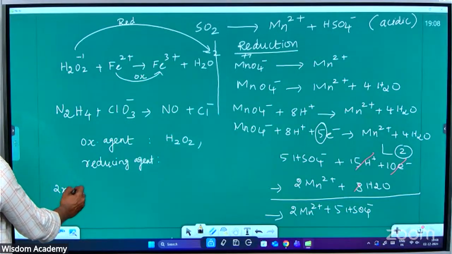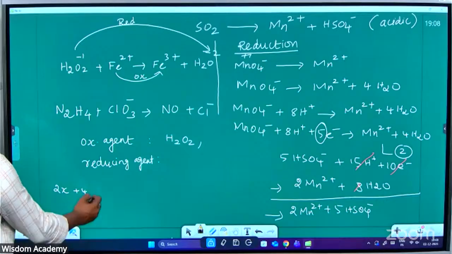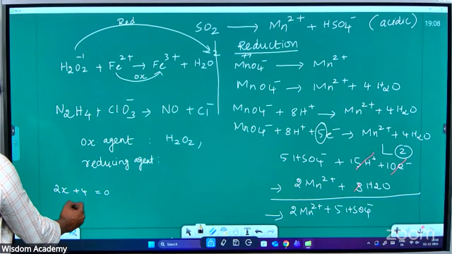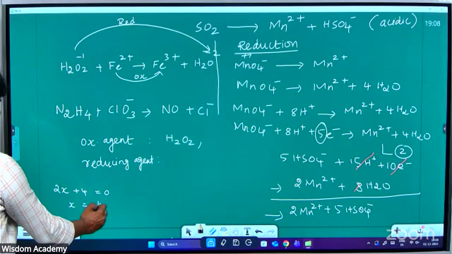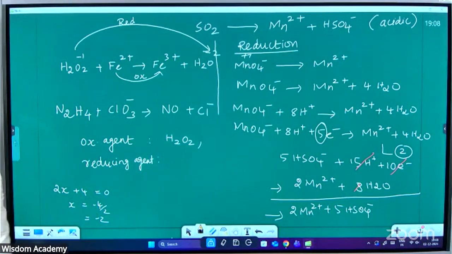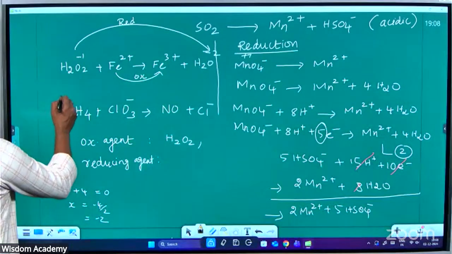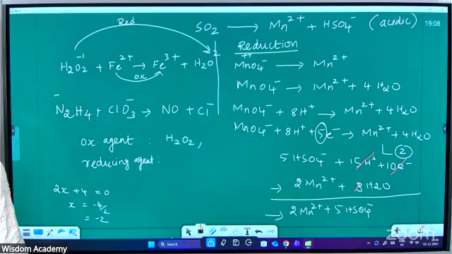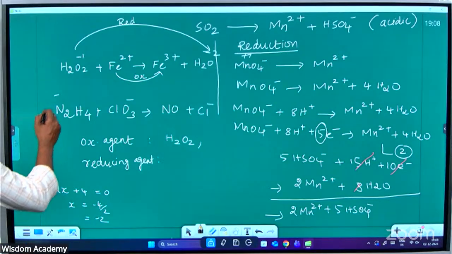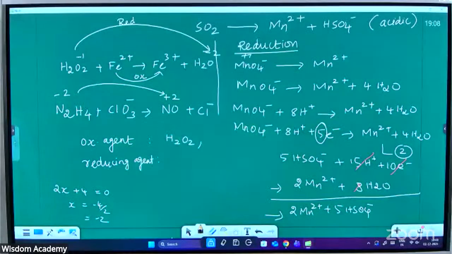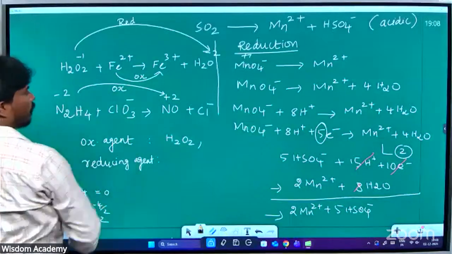So totally minus. What about NO? This is minus 2, here plus 2. Minus 2 to plus 2. Is it oxidation or reduction? Oxidation. So N2H4 is the reducing agent.